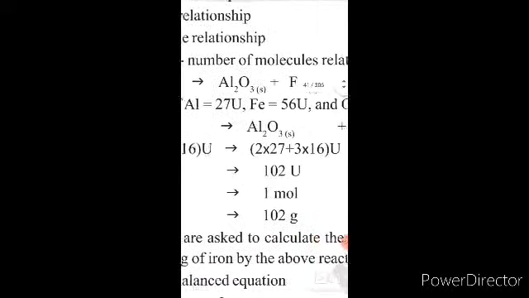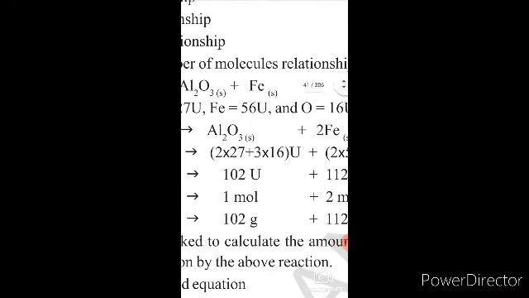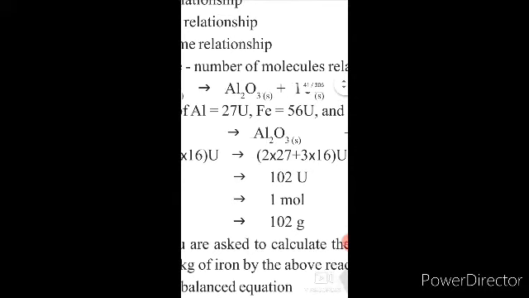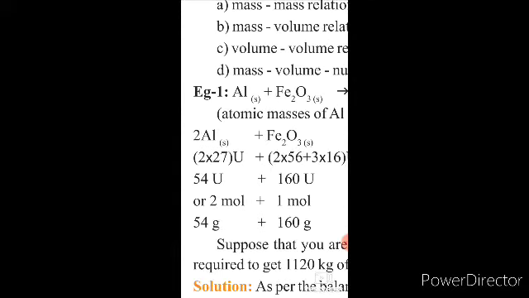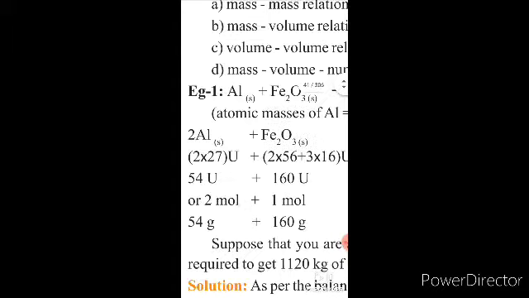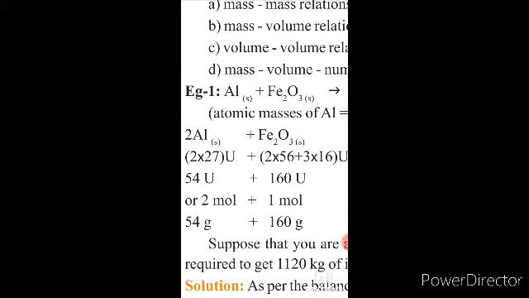Al is single only, but after balancing, 2 Al means 2 moles. Fe2O3 is total one only; before this formula no number is there, so that is 1 mole only. Here 2 Al, so 2 moles. Here 1 mole.